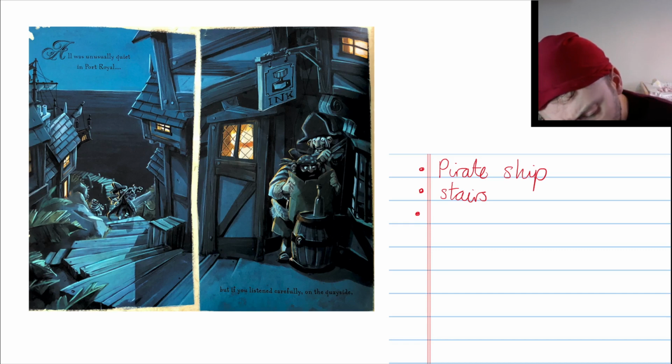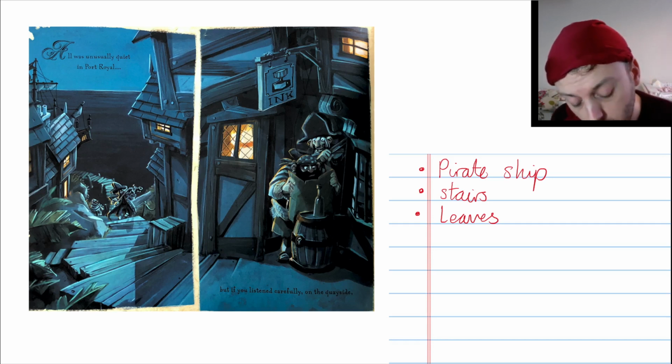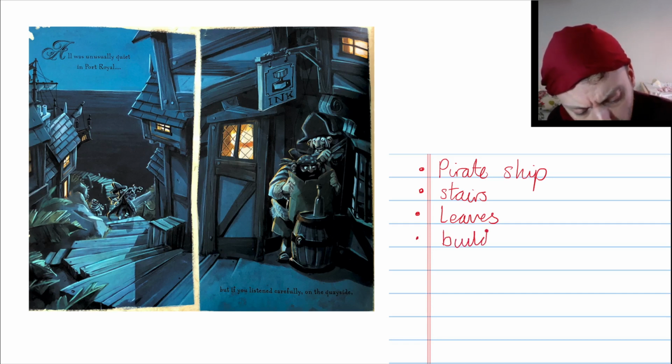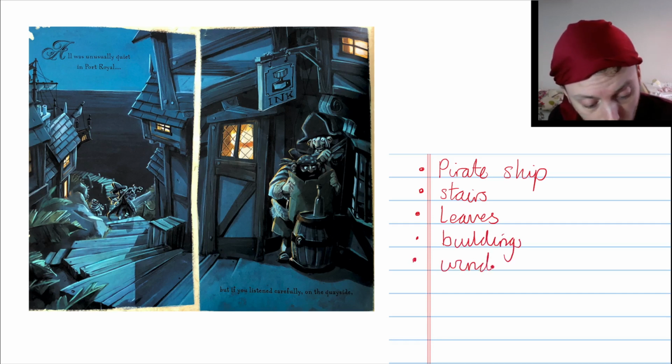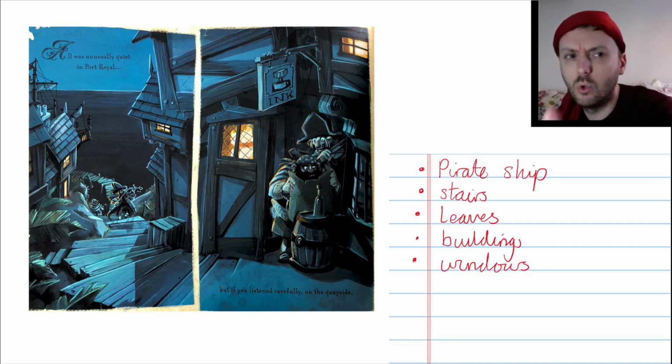I'm not sure what sort of plant it is. Don't know if it's the top of a palm tree or something else. Well, there's these windows. There's the buildings. Have a look at the buildings. And there's the windows. The windows really are an important part of this picture. They kind of draw your eye.